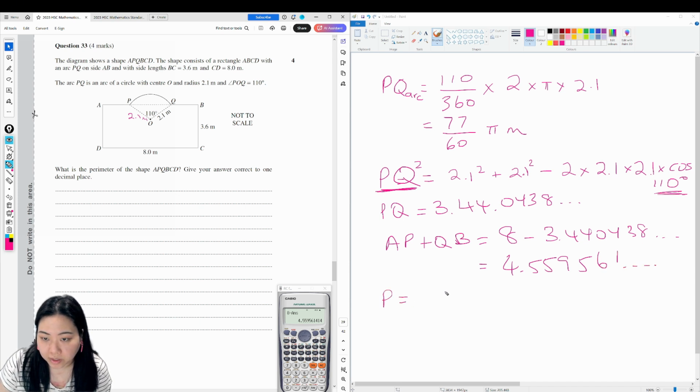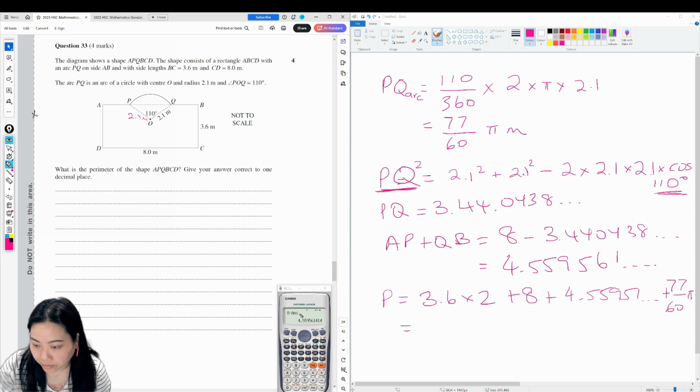Perimeter is going to be 3.6 times 2 plus 8 plus 4.559561 ... plus 77 on 60 pi.